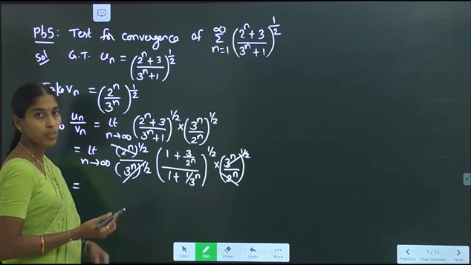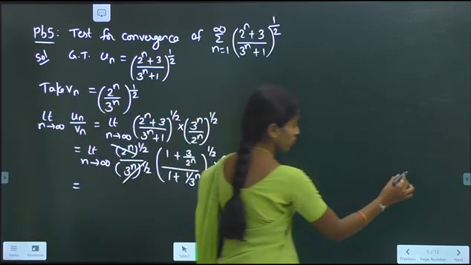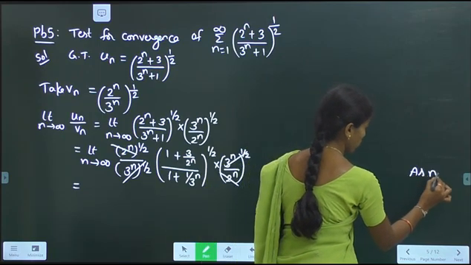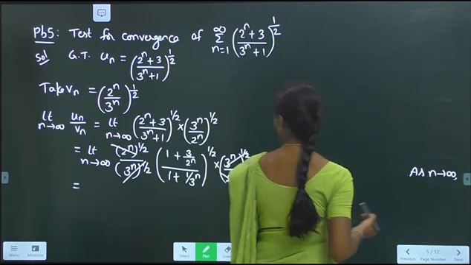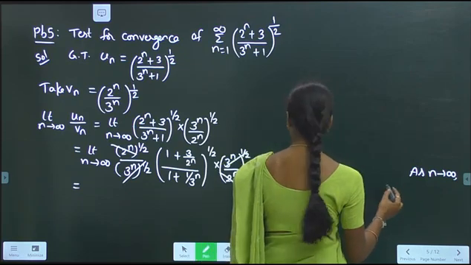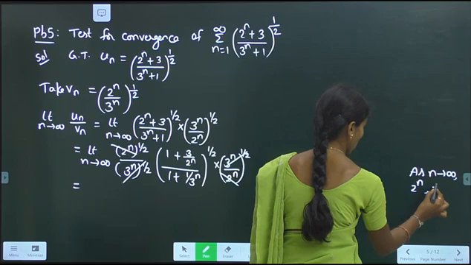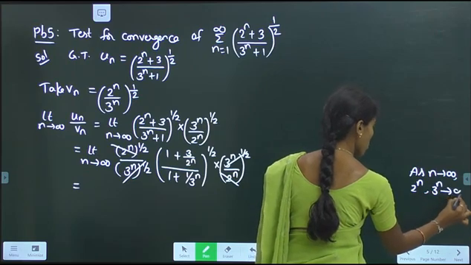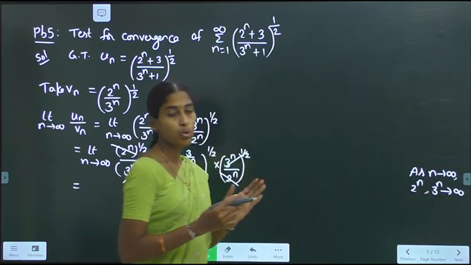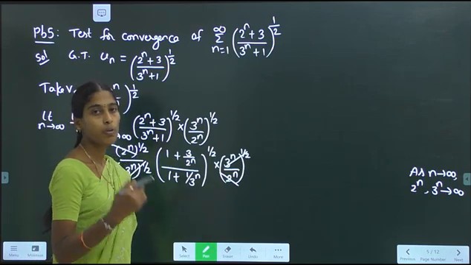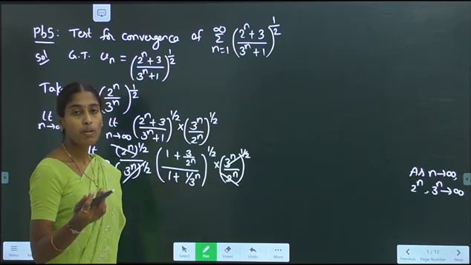As n tends to infinity, both 2 power n and 3 power n also tend to infinity, because 2 power 1 is 2, 2 square is 4, 2 cube is 8, 2 power 4 is 16.